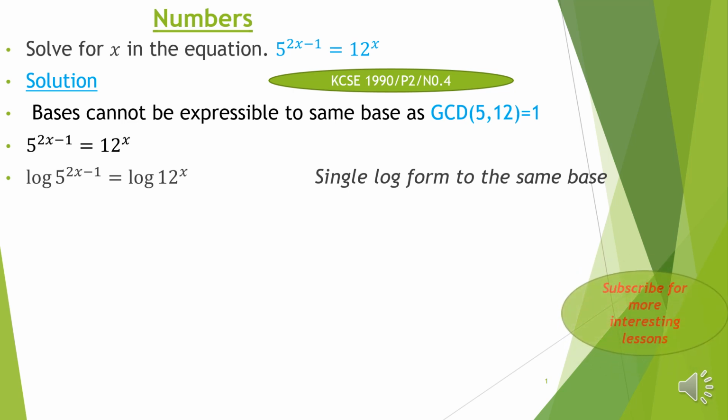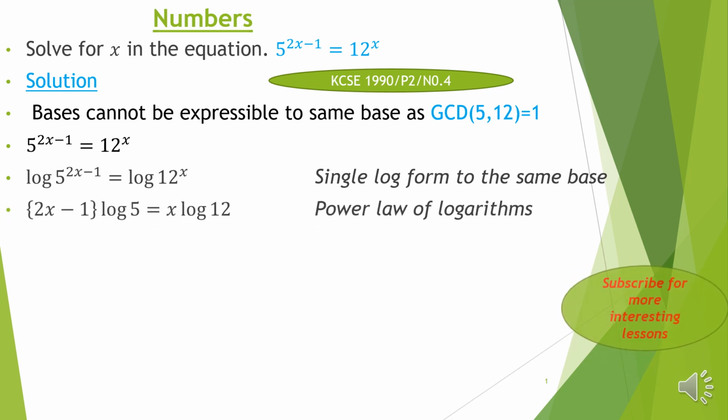Once you've done that, we use the power law of logarithms, where the powers are pre-multiplied. So we have (2x - 1) log 5 = x log 12.